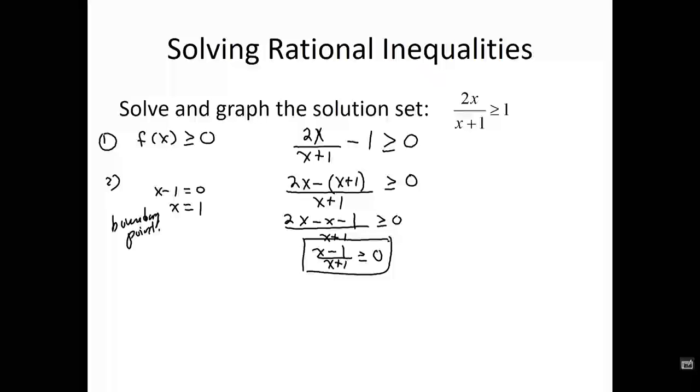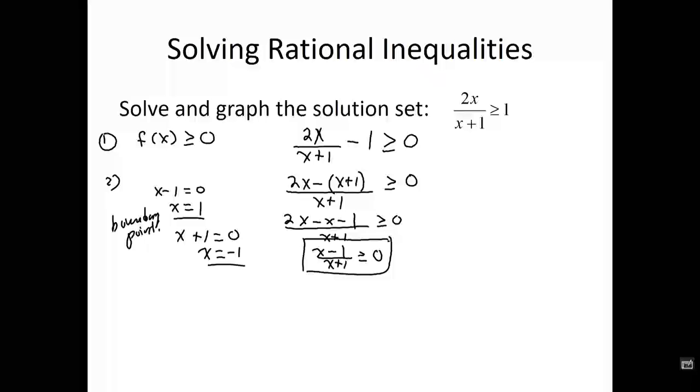Also, when dealing with rational inequalities, we also want to know when it's undefined. It's undefined when the polynomial in the denominator is equal to 0. So when x plus 1 is equal to 0, we find that x is equal to negative 1. So this is where it is undefined, and this is where it is equal to 0.